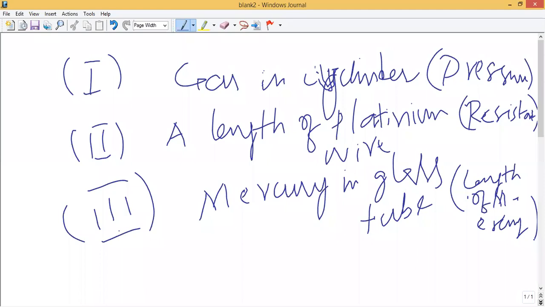Okay, so for example, in any thermometer, if its property is X, then the temperature is directly proportional to that property.